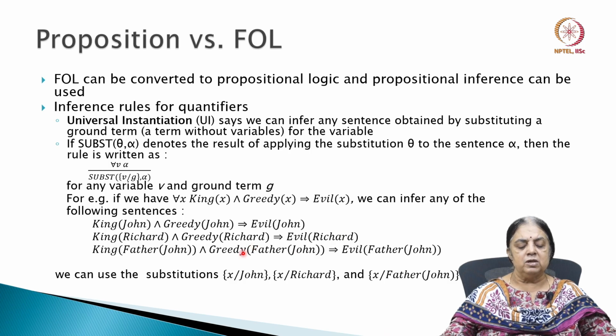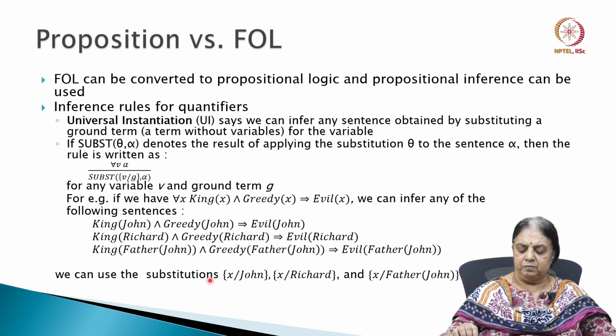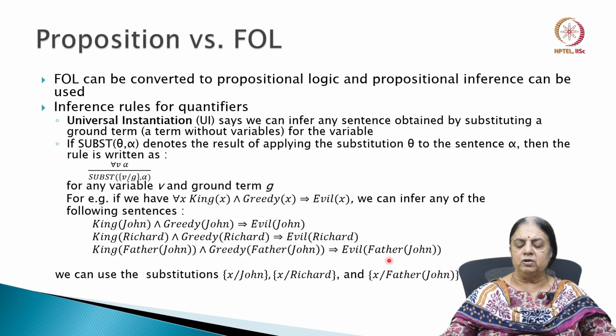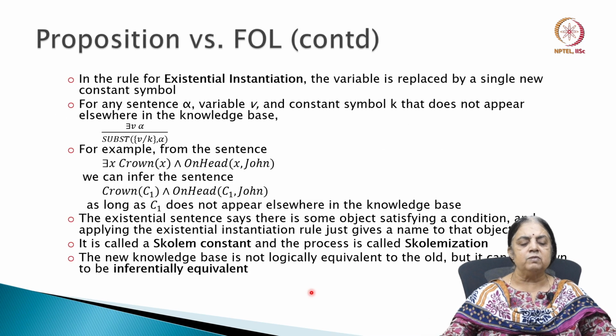The substitution may be different each time. For x you are substituting John, or Richard, or father of John. Obviously you can also have a function there, Father(John) for x. So these are different substitutions that we have.